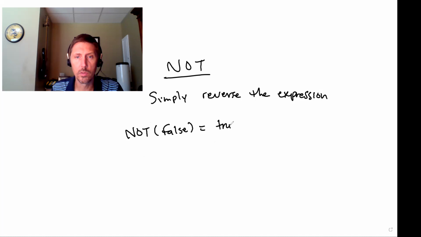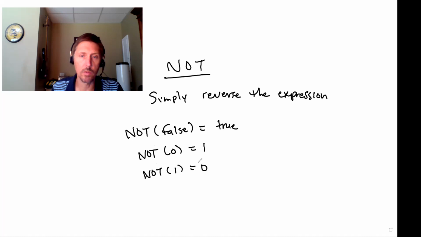Well, it's a true. So the NOT operator on a false value is going to give you a true value, right? So we could rewrite that using ones and zeros as NOT 0 would equal 1, or NOT 1 would be the opposite of 1, which is 0.